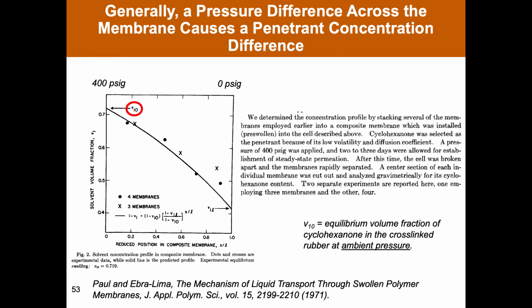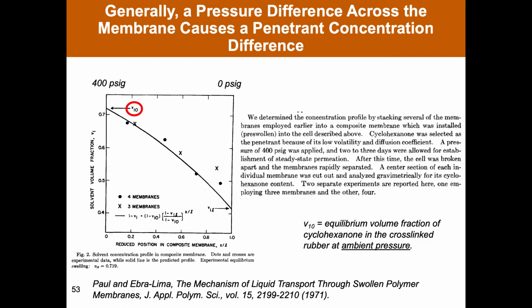And in 1971, Don Paul and the students are using the same approach not to measure water permeation across hydrophilic membranes, but to study organic solvent filtration across hydrophobic membranes, rubbery polymer membranes.